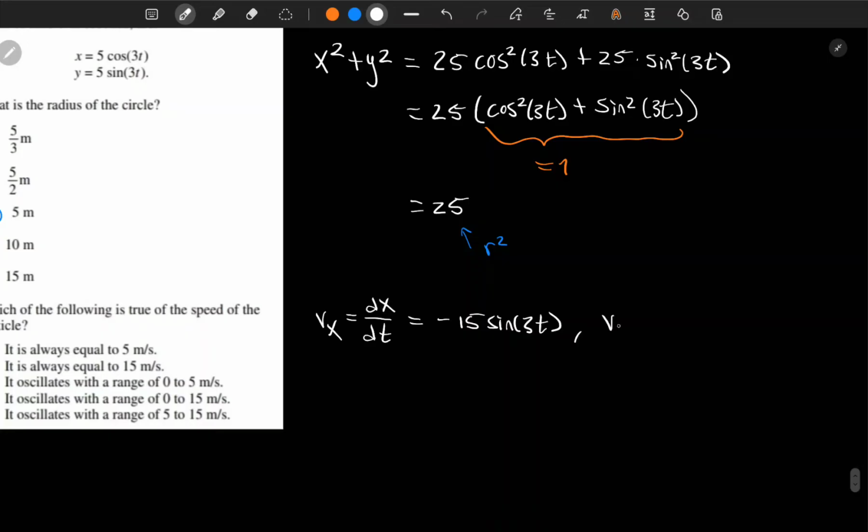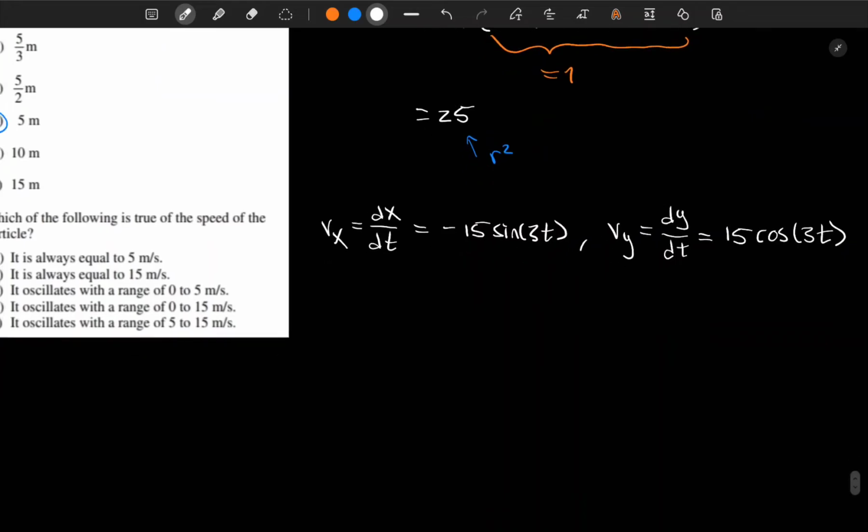And Vy is equal to dy dt, which is equal here to 15 times cosine of 3t. Make sure you catch up on taking the derivative of trigonometric functions.